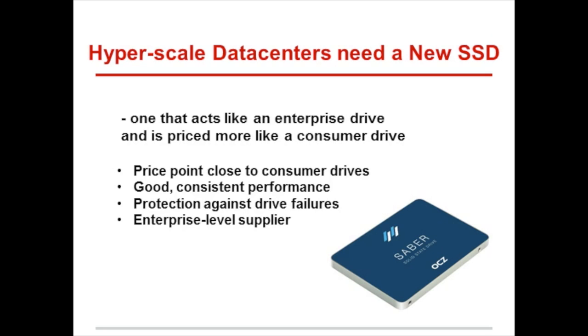And so I think something in the middle is more appropriate, where we have a near price point to consumer drives with really consistent performance, so we're dealing with that steady state type of performance. Have the built-in protection against drive failures, which is incredibly valuable.